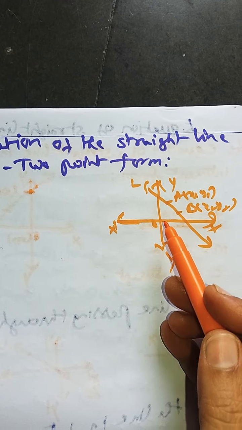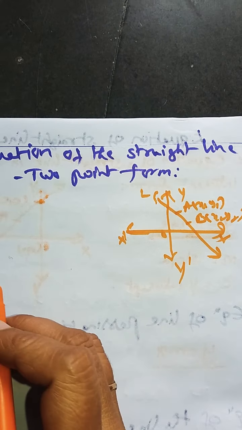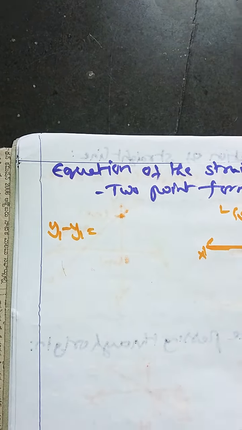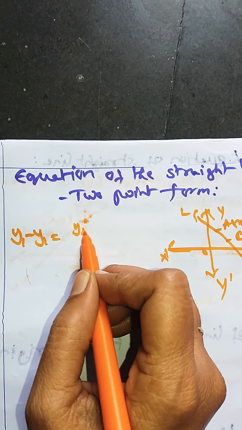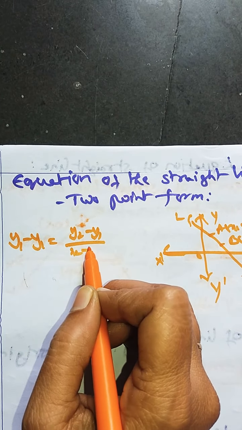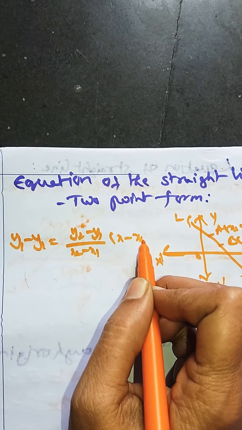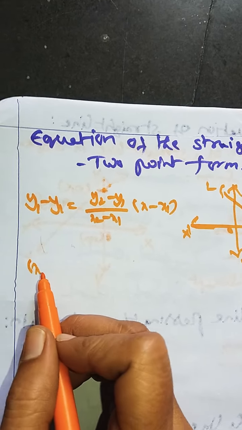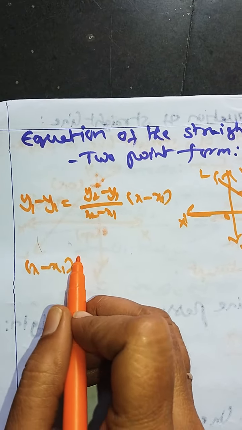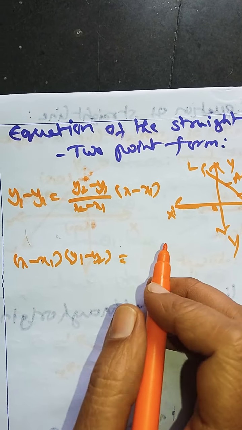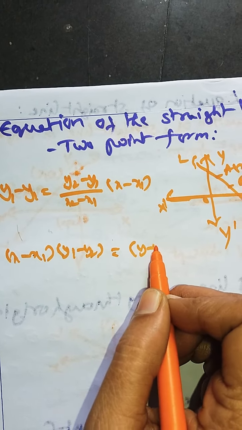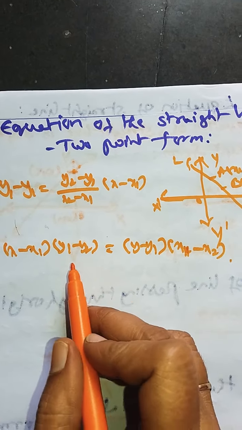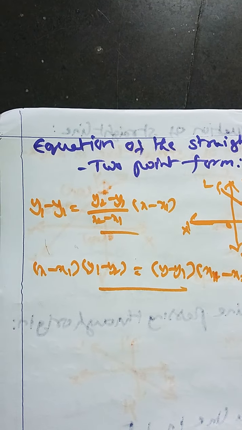The line which passes through two points in a plane is in the form y minus y1 equals (y2 minus y1) by (x2 minus x1) into (x minus x1). This is given in your textbook like this: (x minus x1) into (y1 minus y2) equals (y minus y1) into (x1 minus x2). You can write either like this or like this, no problem.